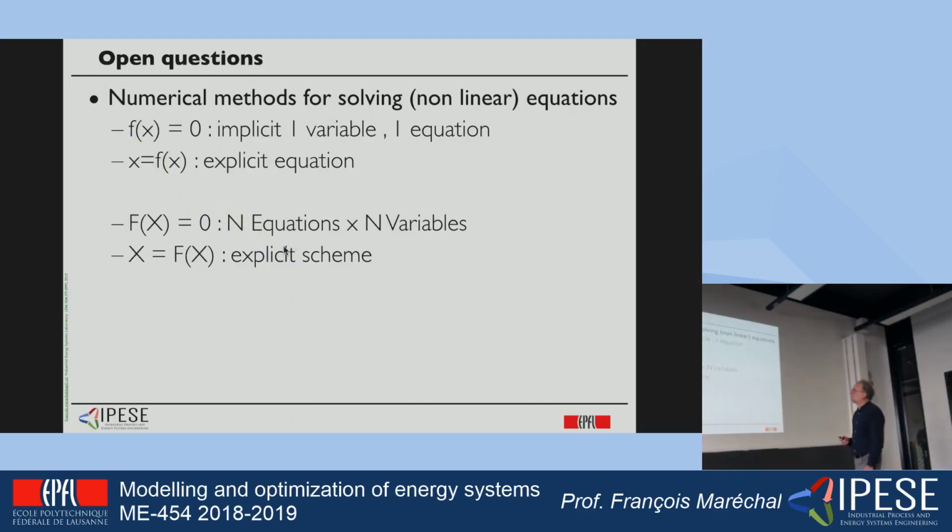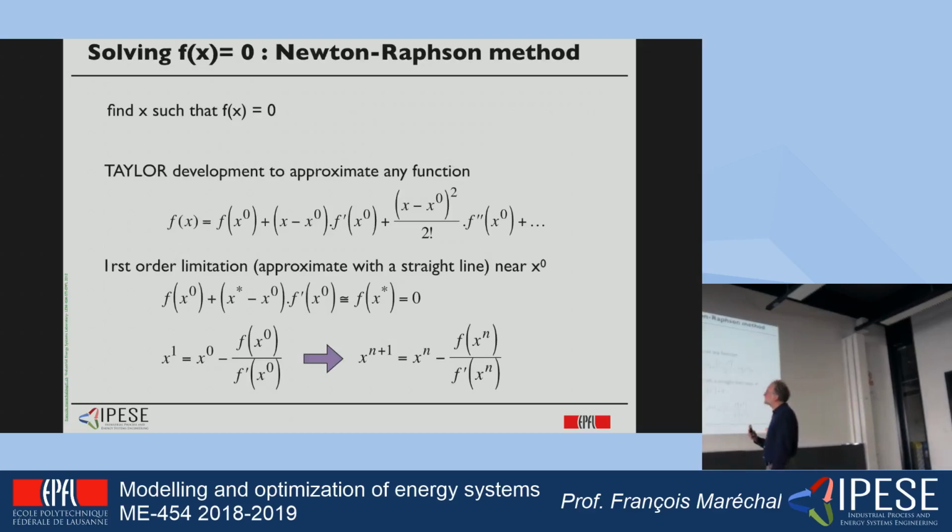Okay, so how do we solve this problem? The question is, how do we find the value of x in such a way that f of x is equal to 0? As you have done a lot of mathematics to arrive in your master, you know that there is a magic formula. It's the Taylor approximation.